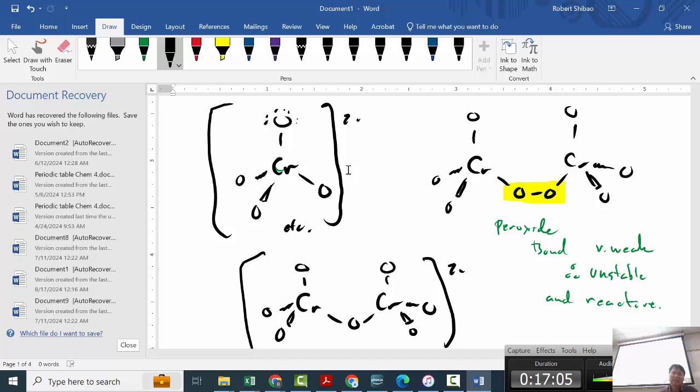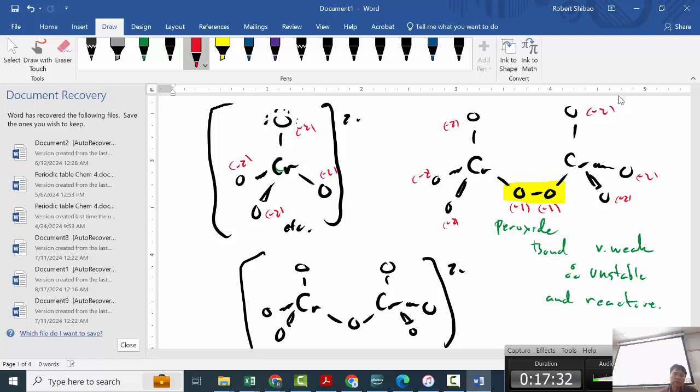The peroxide links have a different oxidation state. When we look at the oxidation states of these oxygens, they're all -2. But when we go to this, this is a -1. This is also a -1. This is a -2. This is a -2. This is a -2. We'll talk more about how to do oxidation states from Lewis structures when we get to Lewis structures.